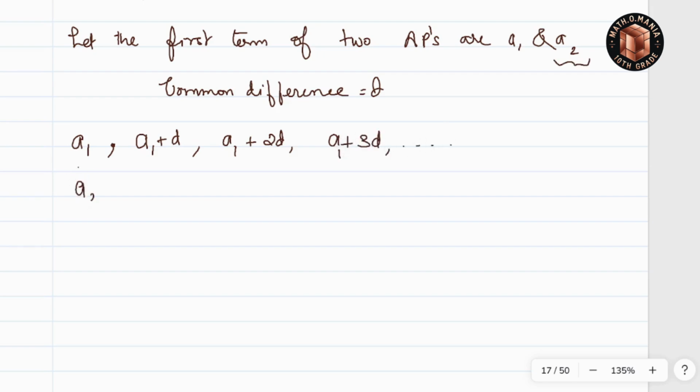The second is A2, A2 plus D, A2 plus 2D, A2 plus 3D, and like that it goes on. So now we have the two APs.